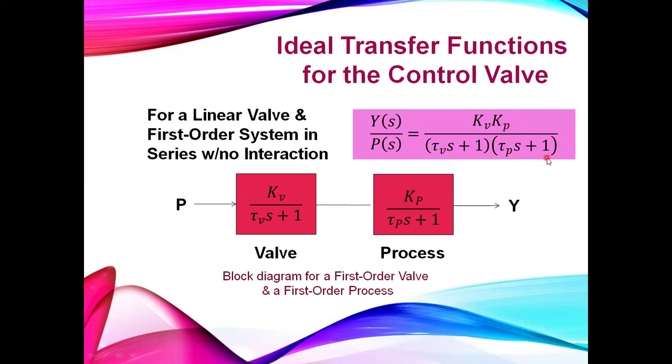If you're going to lump the two and get the overall transfer function of the final control element and the process, we know there's only a need to multiply the transfer functions. So you notice the transfer function of the linear control valve, K sub V over tau sub V s plus 1, was multiplied by K sub P over tau sub P s plus 1. So it's just the multiplication of the two transfer functions.